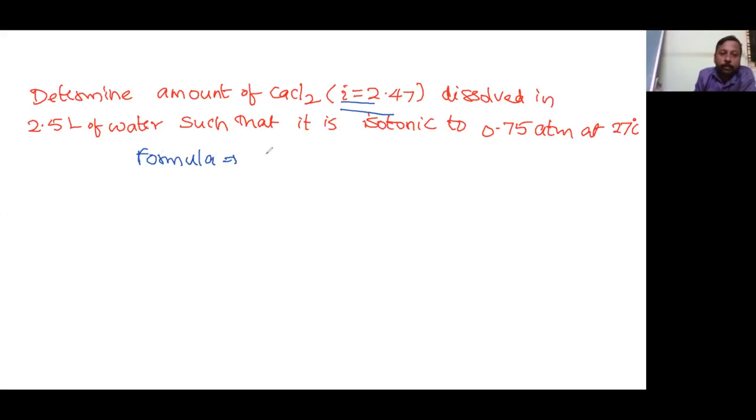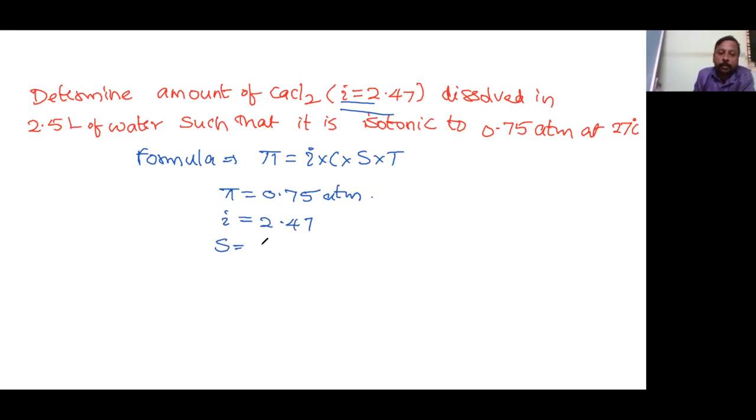What formula will you use? Pi is equal to i into C into S into T. Here osmotic pressure is given, isotonic means same osmotic pressure, and osmotic pressure is given in atm, and i is equal to 2.7.